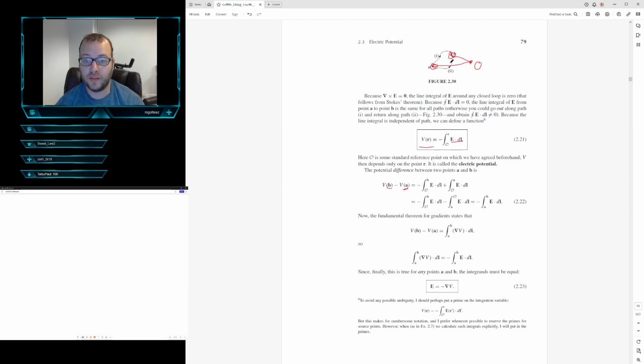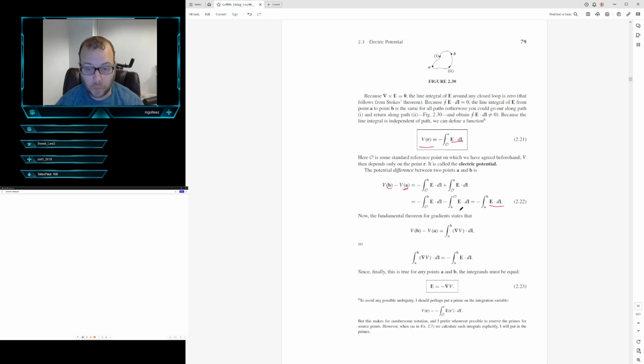So the final potential difference becomes just an integral from A to B of E dot dl, along some path L.